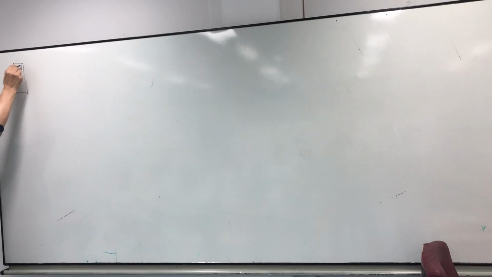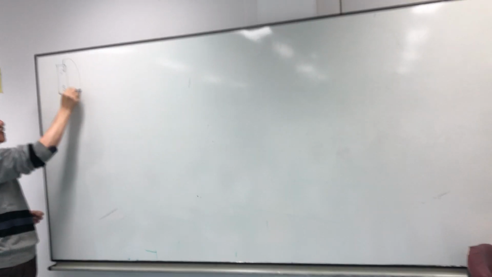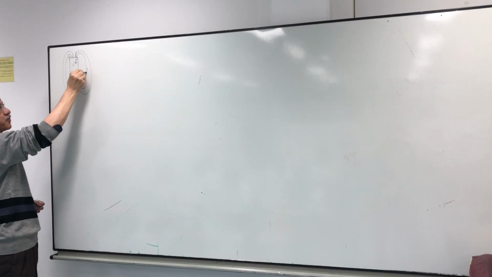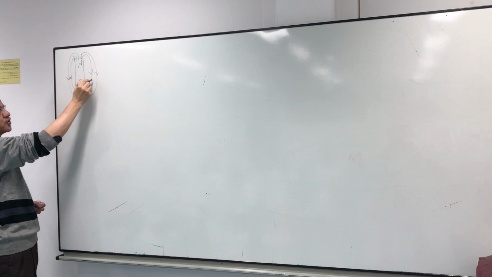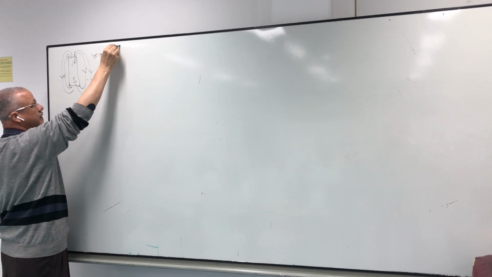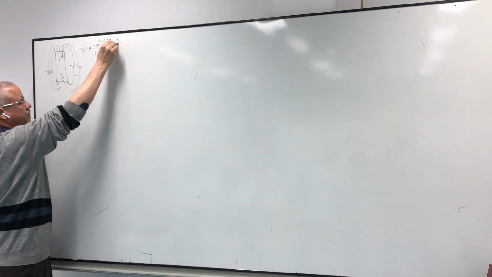Here is a magnet, this is north, this is south. Lines come from north to south, and this is called the magnetic field.